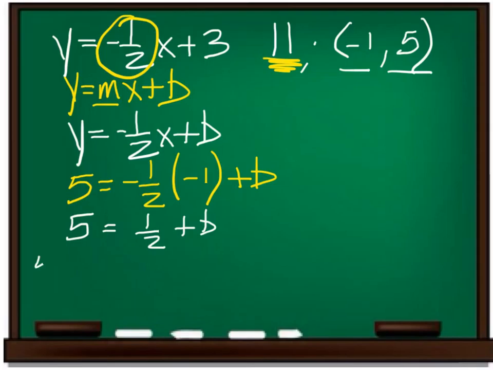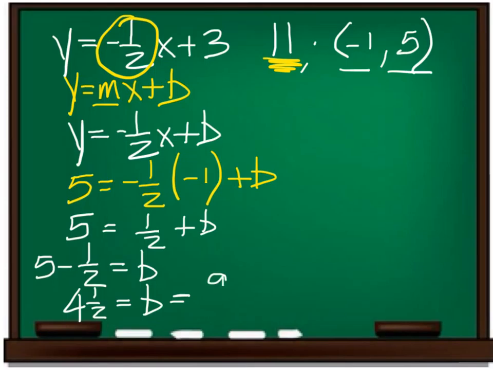And that half must be moved to the left and become minus. Now you have 5 minus a half. That is 4 1/2. We are not going to leave it as a mixed number. We're going to make it an improper fraction, so that would be 9/2.